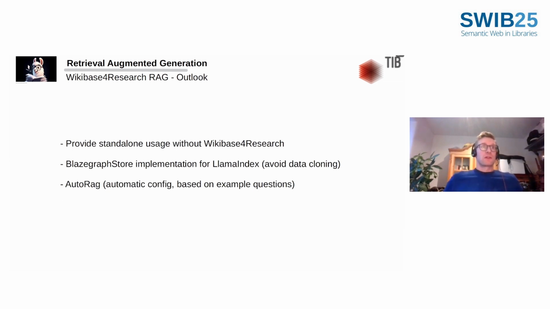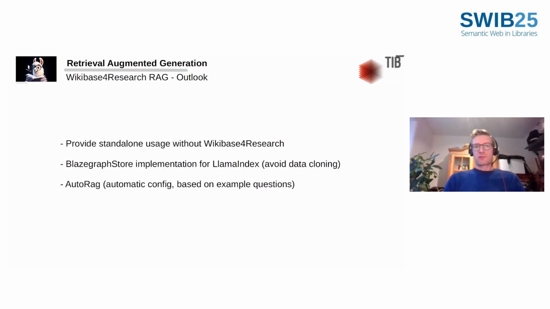Our outlook is that we want to provide it as a standalone component. So it can be used standalone, but we don't have documentation for that. Maybe we will write an implementation for the Blazegraph store, which is the database beneath Wikibase, to have direct access to the data.